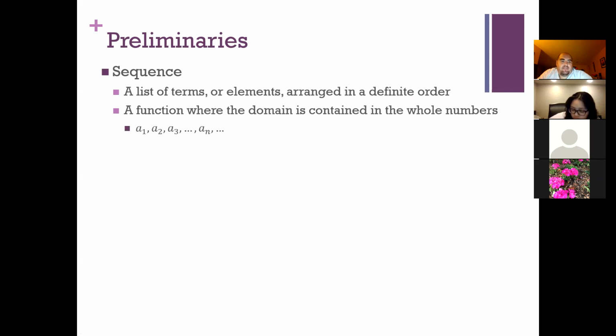You're going to see these written a lot of different ways, but typically you're going to see this a term. I'm referring to some sequence called a sub n, and I'll try to make these a little more careful since this is the first time you're seeing it. It's typically written in curly braces. A sub n is the name of the sequence, and this subscript down here is the index.